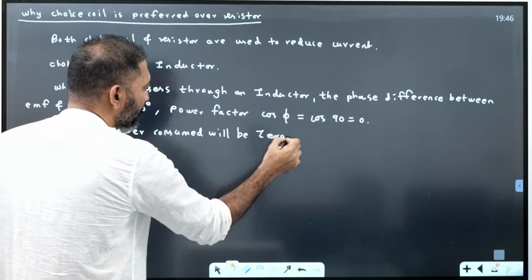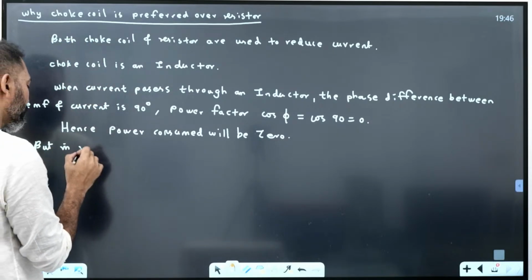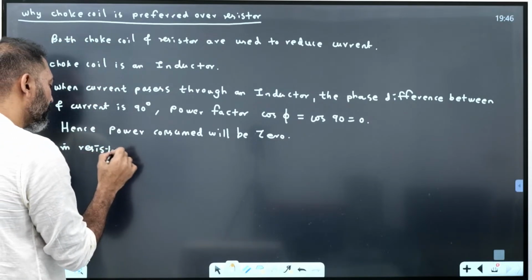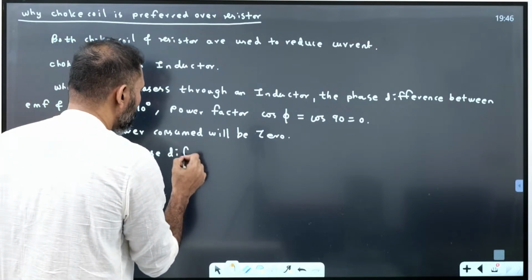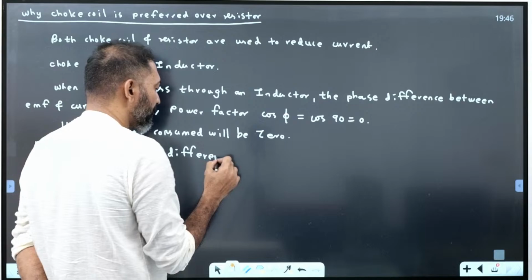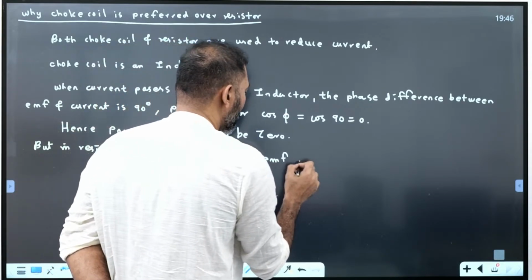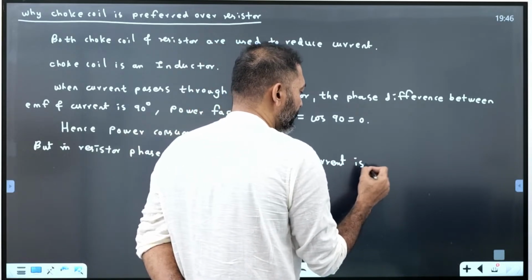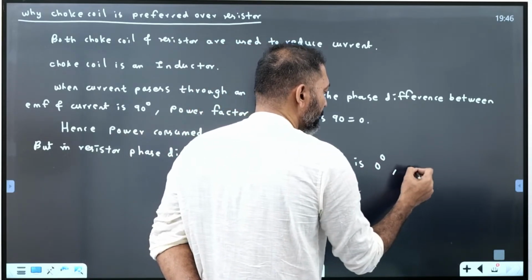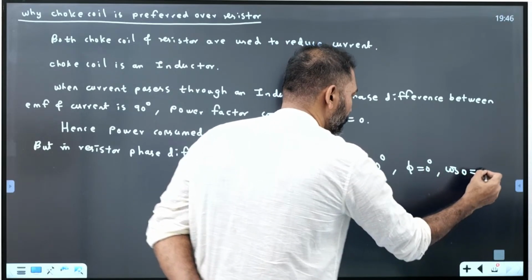Just now we have written the same line. But in resistor, phase difference between EMF and current is 0 degree, phi equal to 0, cos 0 is equal to 1.